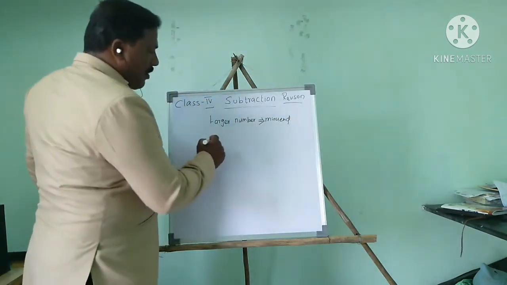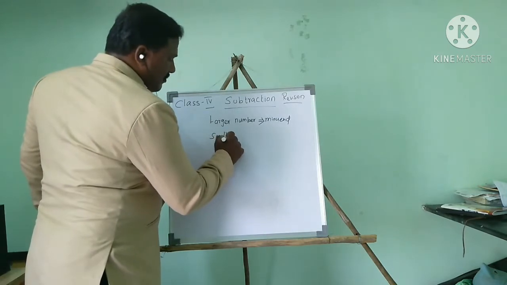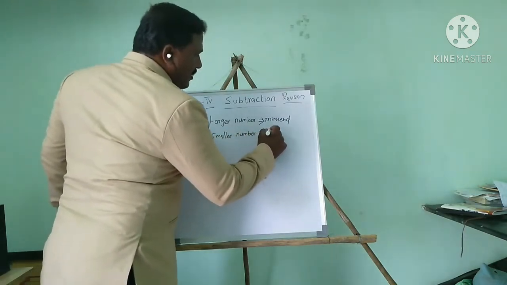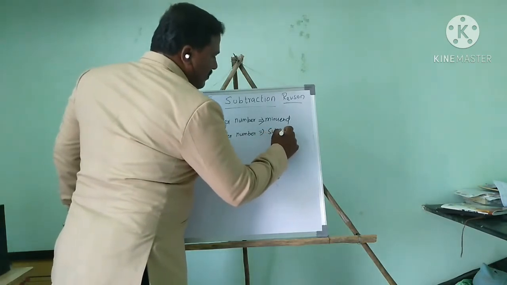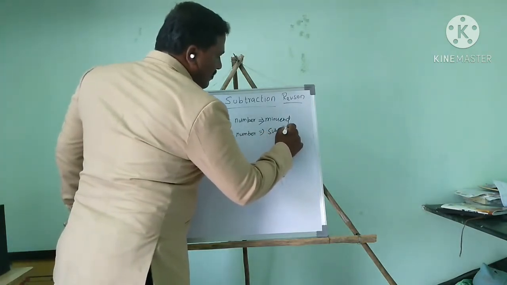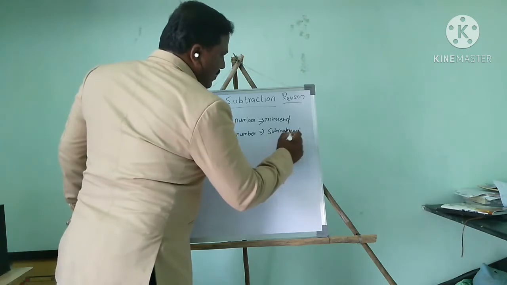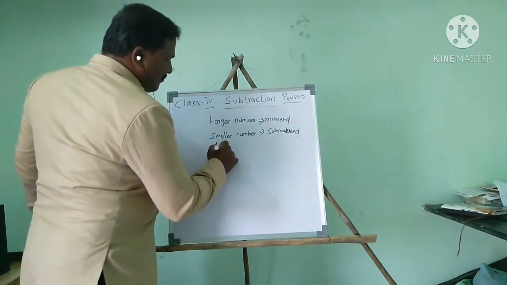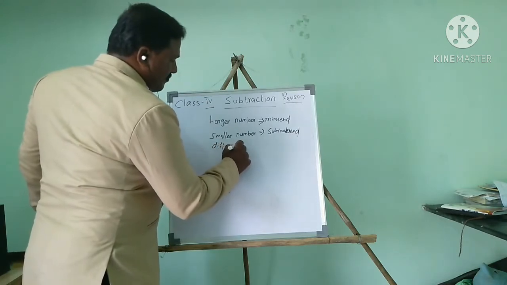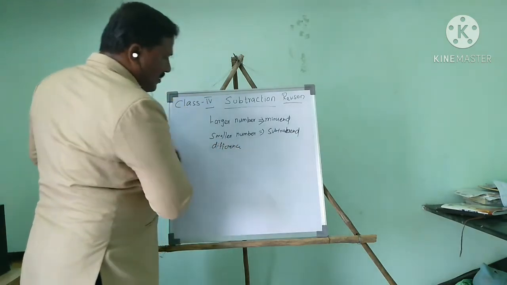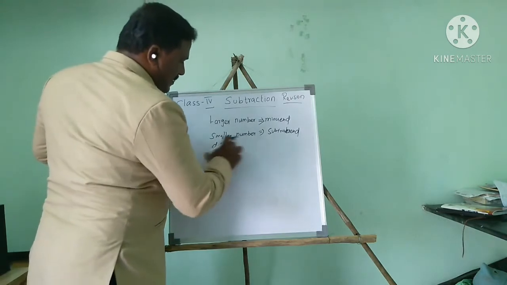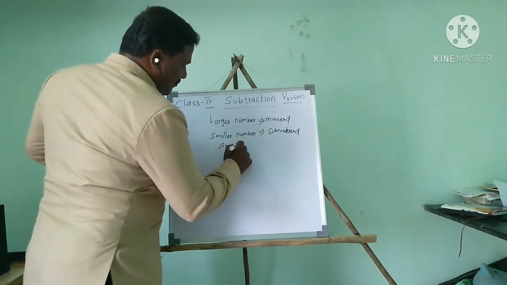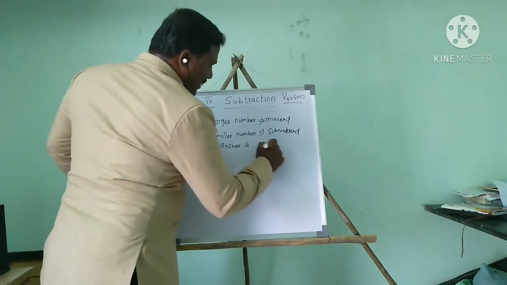The smaller number we call subtrahend. The answer is the difference.